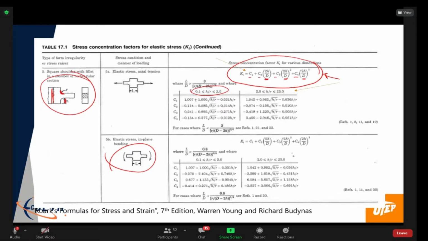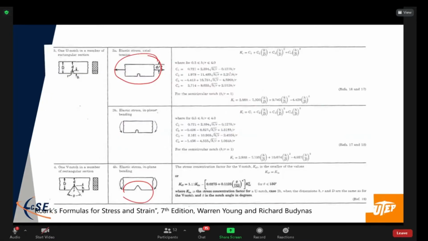So again, you could figure out those values, get C1, C2, C3, C4, plug them in here, put in the values of h and d, and get your stress concentration factor. And you get the same thing that you would see in the plots. It's just a different way of looking at it.